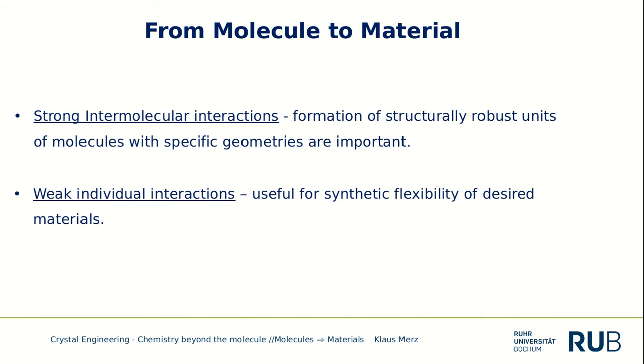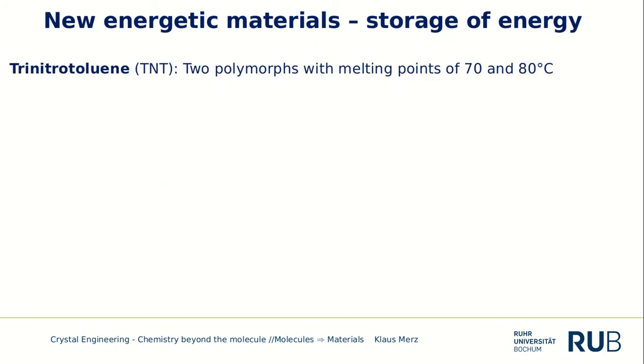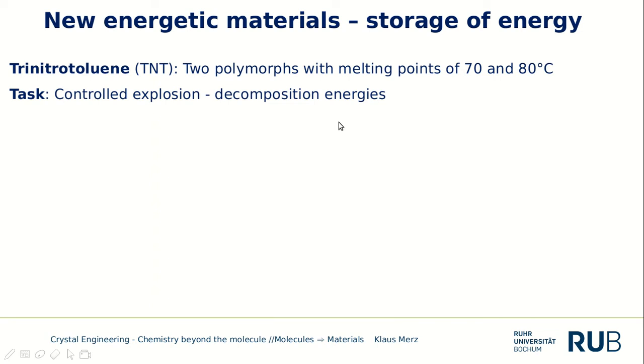Okay, let's have a look, starting with an explosive material. TNT, everybody knows it. TNT has two polymorphs with a melting point of 70 and 80 degrees. And you know TNT is a really explosive material. The question is, can you control its properties?